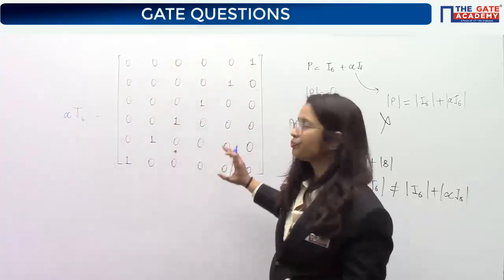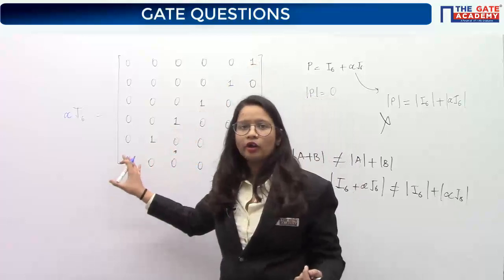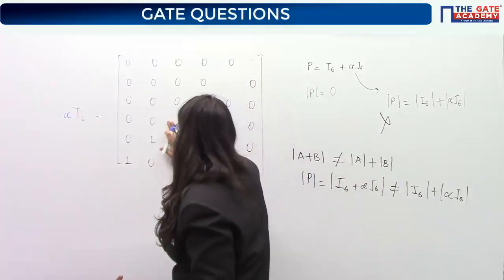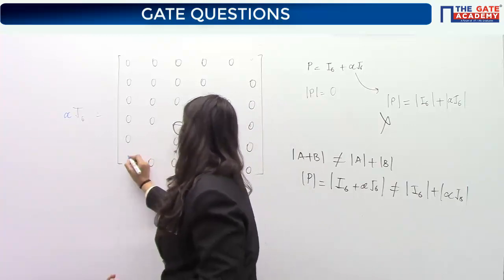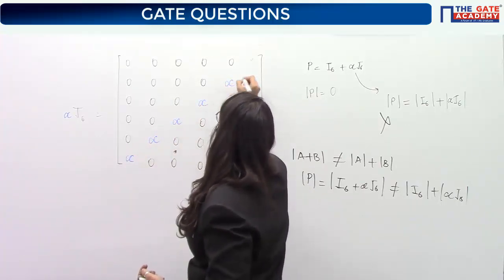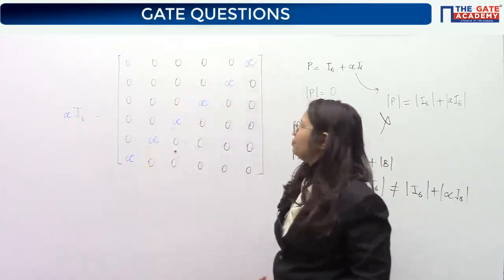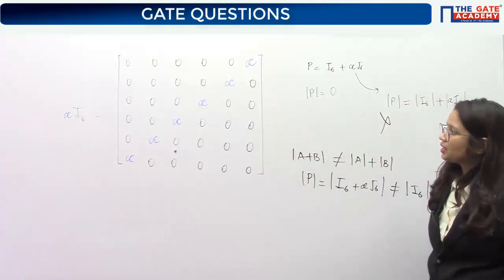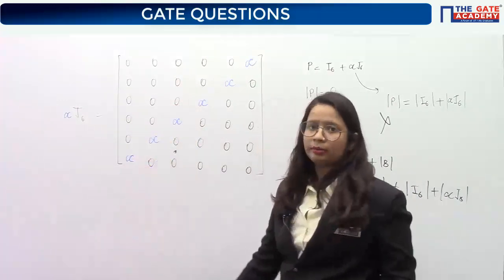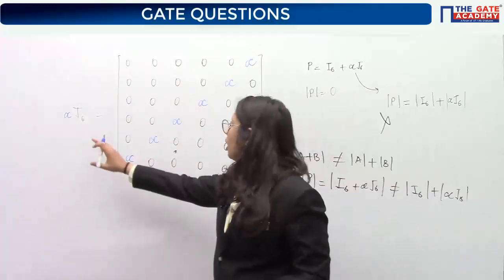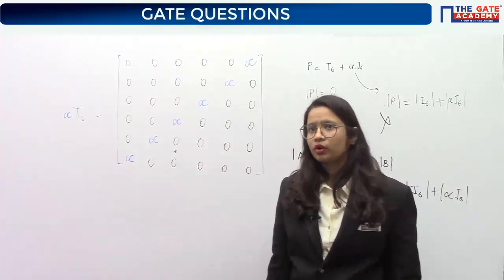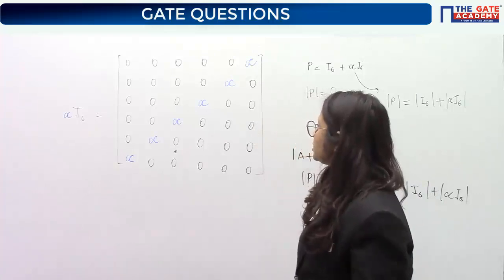But because except the off diagonal, all the elements are 0, the effect will be that these elements will only change to alpha. Did you understand how I changed? Because all of the elements except these off diagonal elements were 0, I changed only the off diagonal elements to alpha. Okay. Now alpha J6 is done.